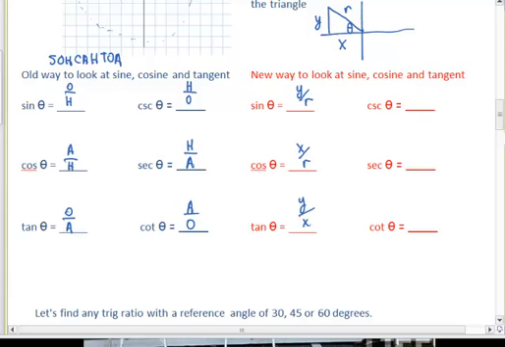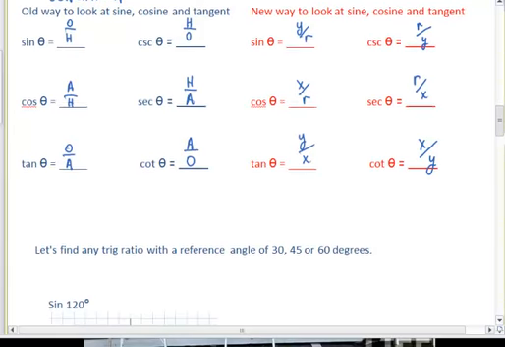And the same thing applies in terms of the reciprocal relationships. You have the radius over the y side, you have the radius over the x side, and for cotangent it ends up being x divided by y. So if we're going to be putting our angle on the coordinate plane, these are alternative ways that you can think about the sine, cosine, and tangent ratios.